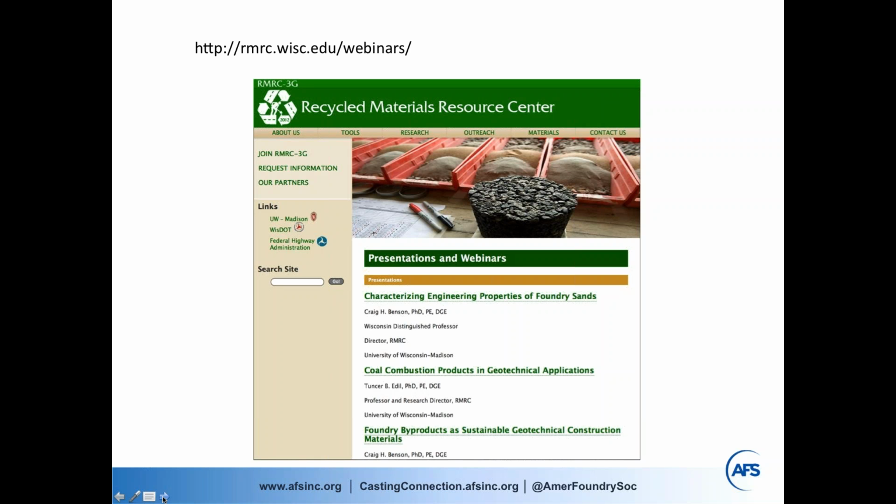So there's a whole section on foundry sand in there. In some cases, there are technical requirements for the types of testing, the types of sieve analysis that are useful if you're trying to say to a local contractor, look, my sand will meet these requirements.